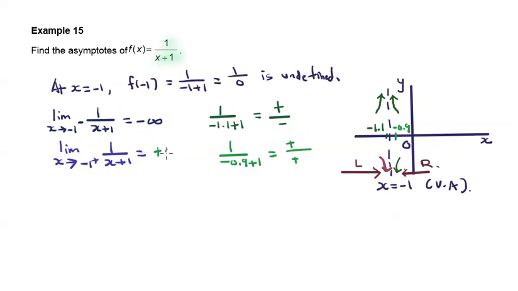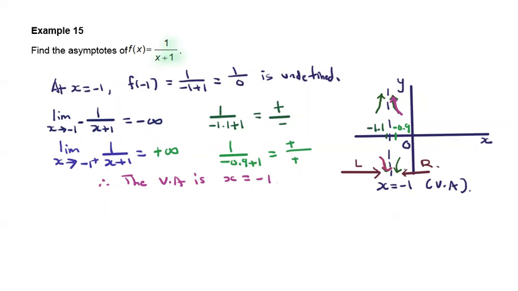So it's positive infinity. That means the graph will extend to positive infinity as it approaches from the right hand side. Therefore, we say the vertical asymptote is x equals -1.